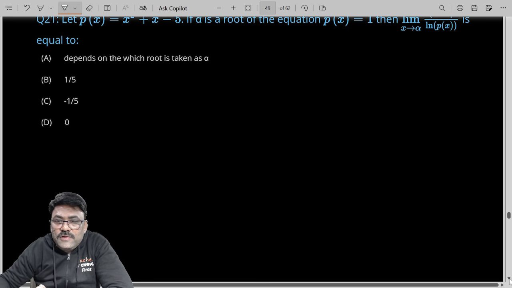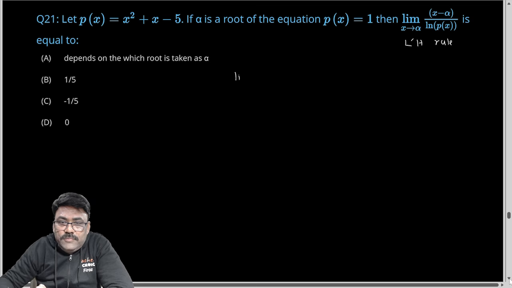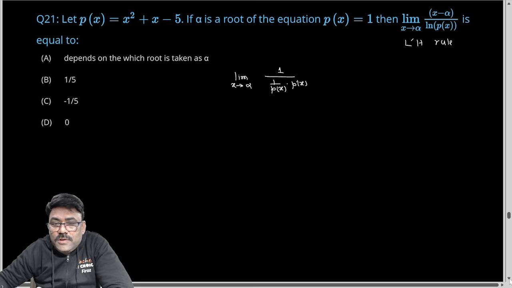See, this limit is what? I can use L'Hopital rule here because it is 0 by 0 form. So it will be the limit as x approaches alpha, and the derivative of the numerator is 1 and the derivative of the denominator is 1 by P(x) into P dash x. When x approaches alpha, P(alpha) is 1 because alpha is a root of this equation.